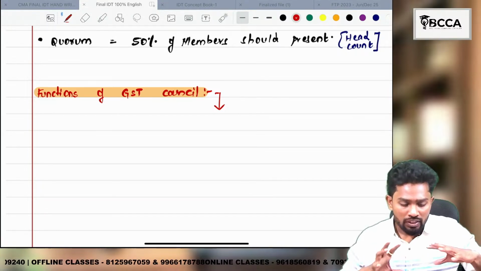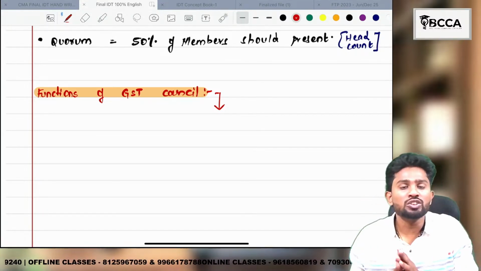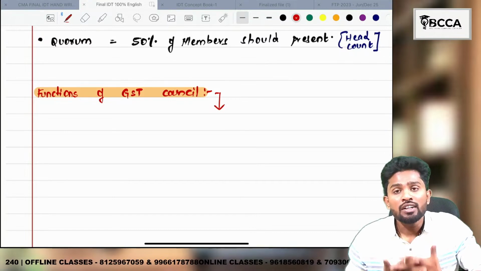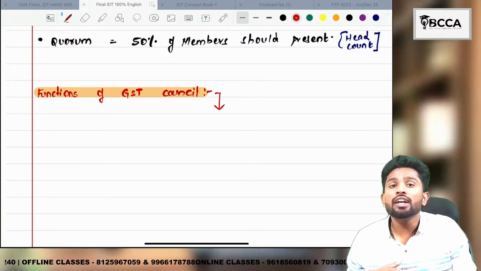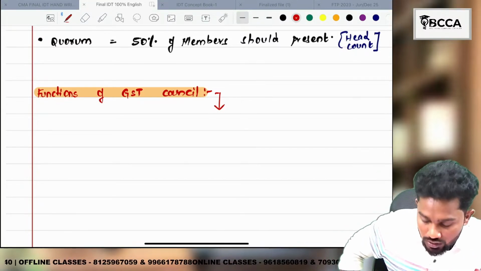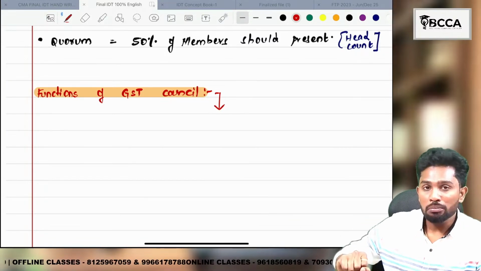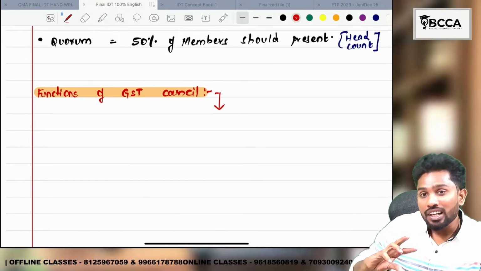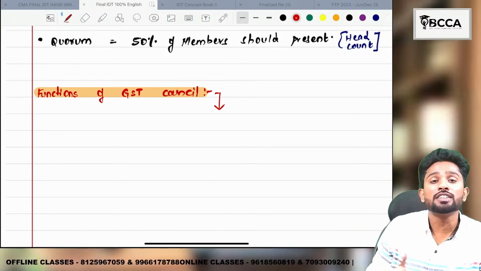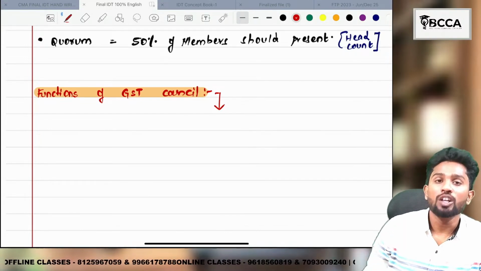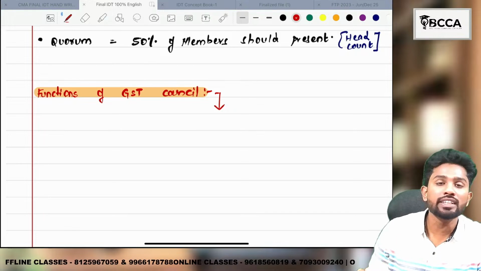Even though this council is a constitutional body, it doesn't have the power to frame a law or to amend a law. So even though it is the ultimate authority which takes a decision, that decision can be called a decision only when it is made into a law. That power is only with the parliament and state legislature.